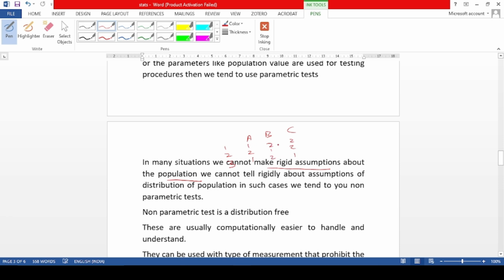Here we had some parameters of the population. The parameters could have been the mean marks. For the third test, we can have 2 plus 2 plus 1 upon 3.